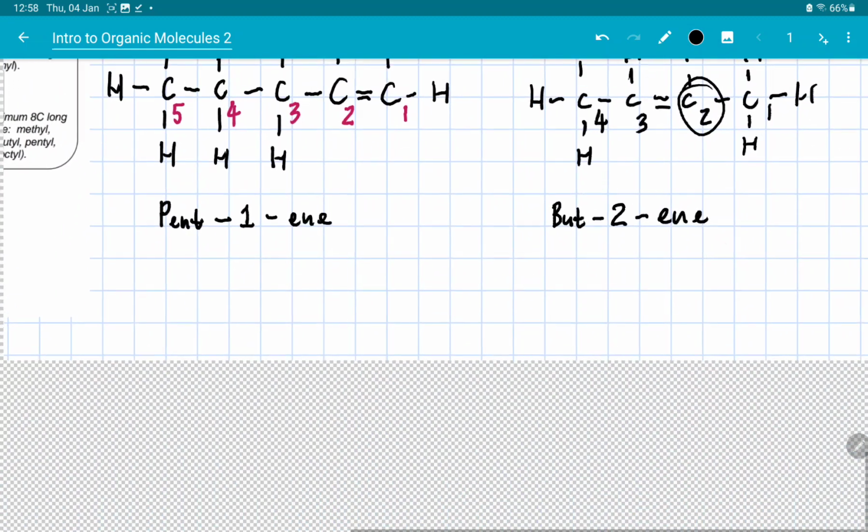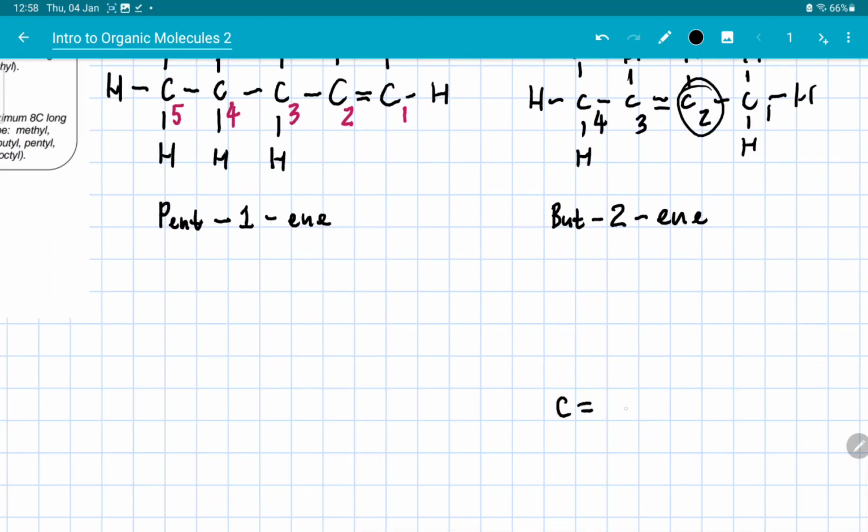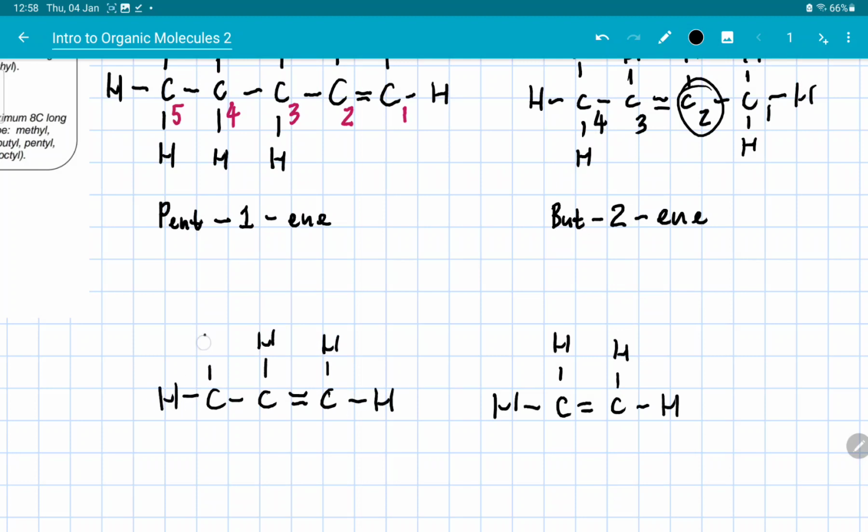However, people, if I had these two molecules, remember 4 bonds around the carbon, 4 bonds around the carbon.